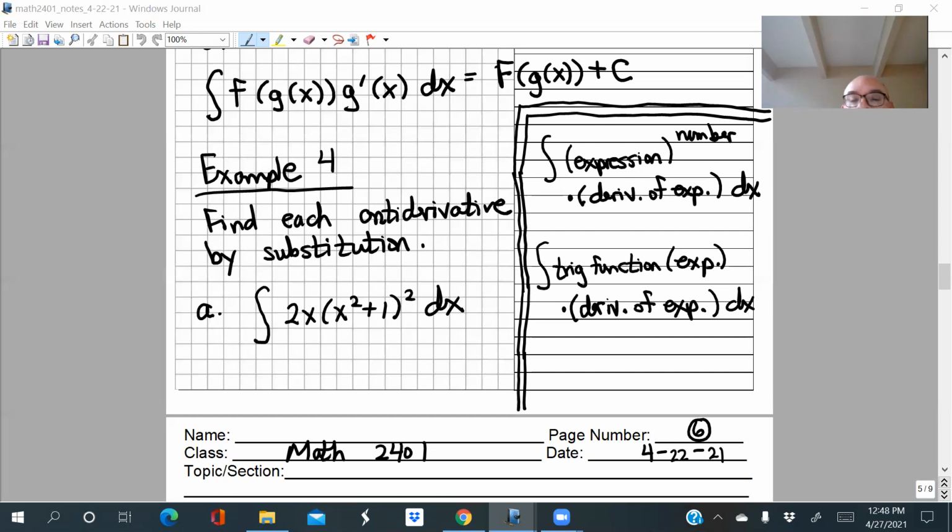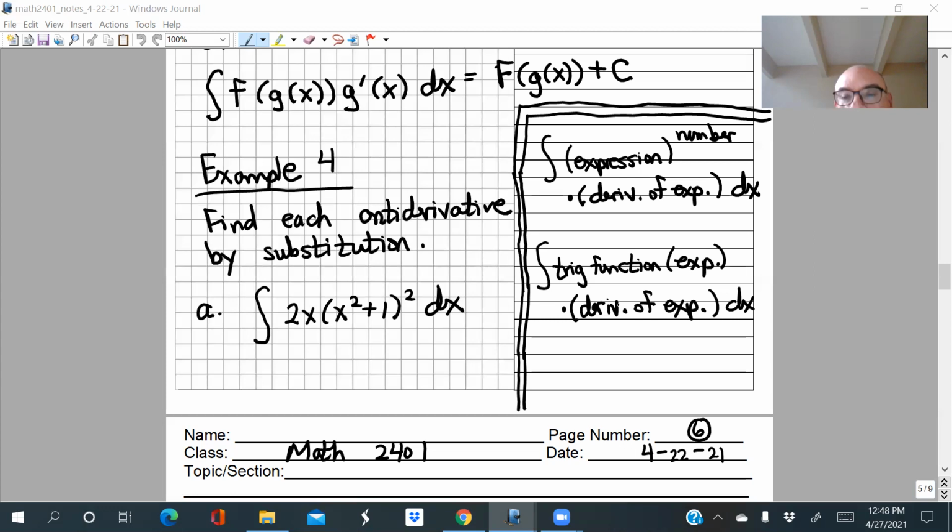All right, so let me show you the two situations that you want to be looking for when you're trying to find antiderivatives that involve working the chain rule in reverse.